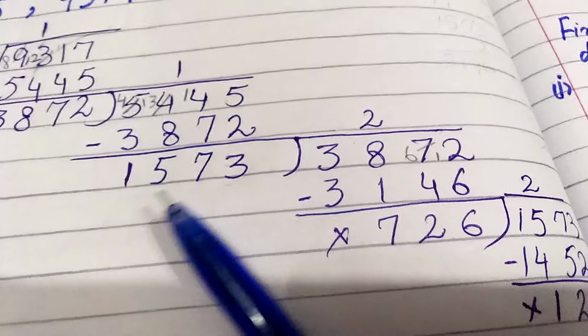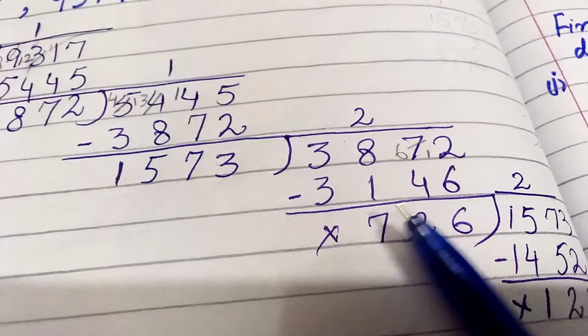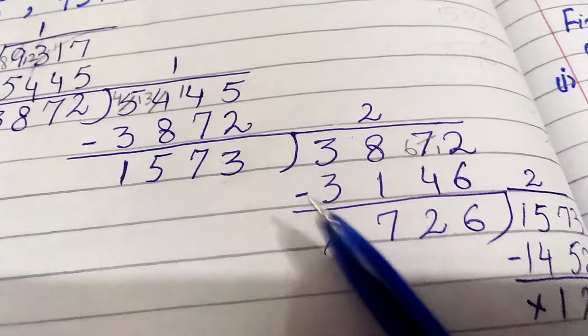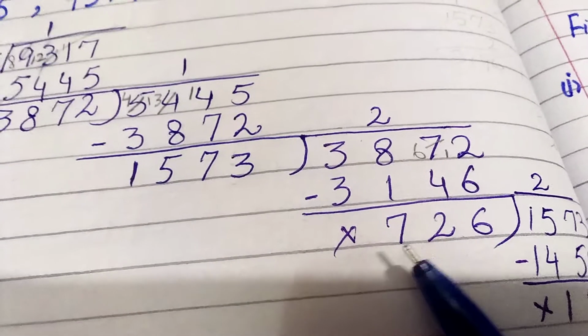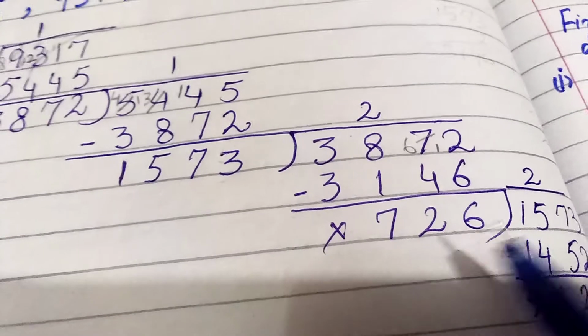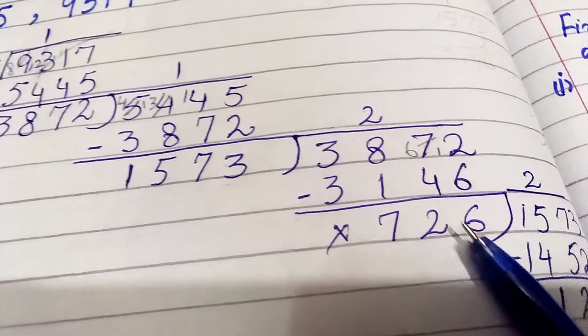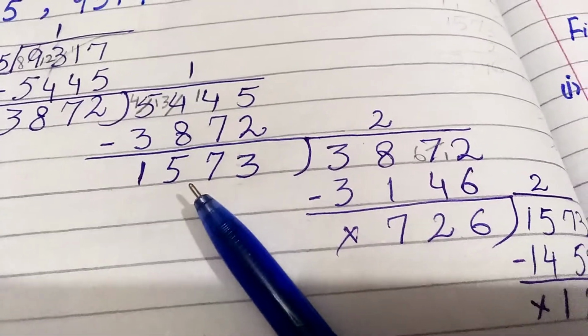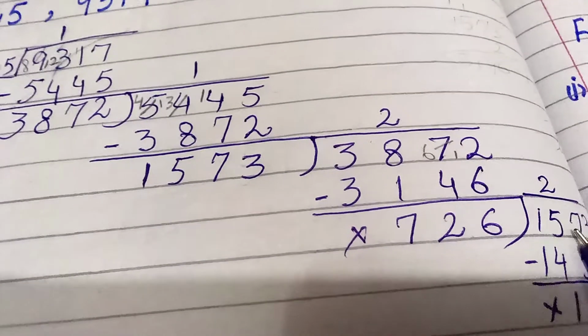Now 1573 2 times gives us 3146. We will subtract and it will give us 726 as a remainder, but we will not treat it as a remainder, we will treat it as a divisor, and this previous divisor will be treated as dividend in this step.